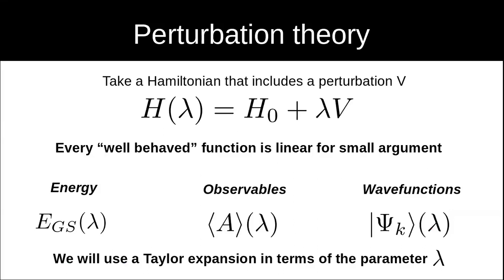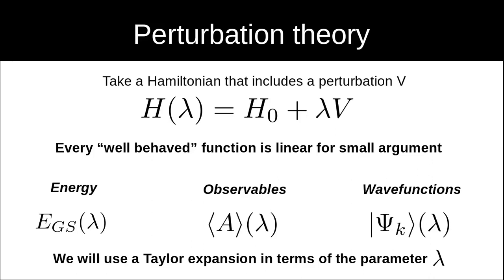You take your Hamiltonian H that depends on lambda. Lambda controls the strength of your perturbation, and you can expand every single observable in your material as a function of this lambda. For lambda equal to 0, you recover the original Hamiltonian. For lambda equal to 1, you obtain the Hamiltonian in the presence of the perturbation, and you can try to express everything: the energy as a function of lambda, the observables, including the electronic density, the local magnetic moment or the current, or even the wave functions themselves.